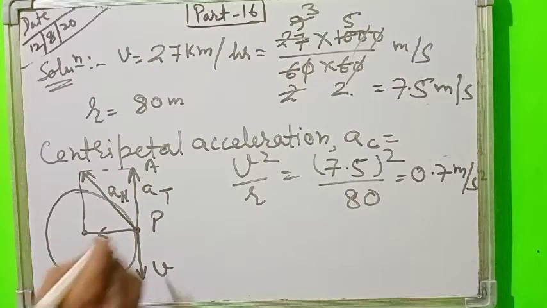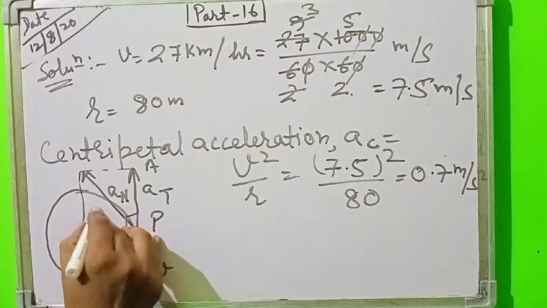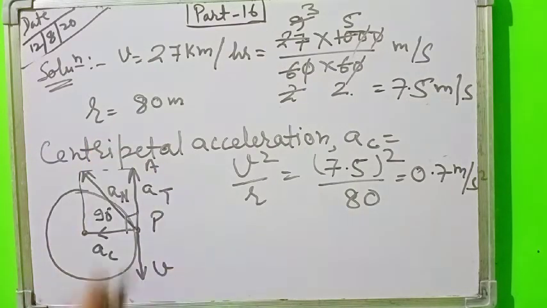The angle between tangential acceleration and centripetal acceleration is 90 degree. So from here, by the parallelogram law of vector addition, we can calculate the net acceleration.